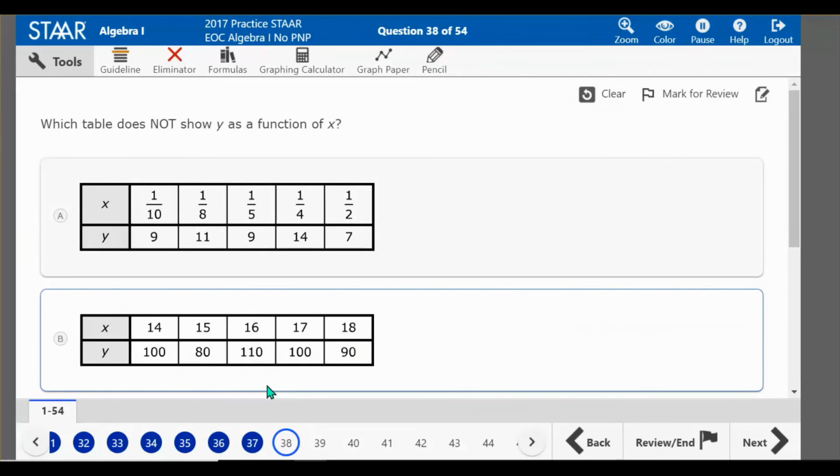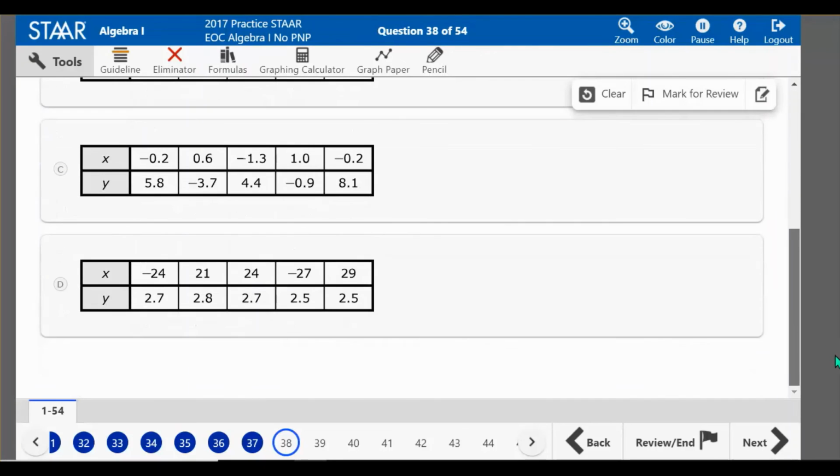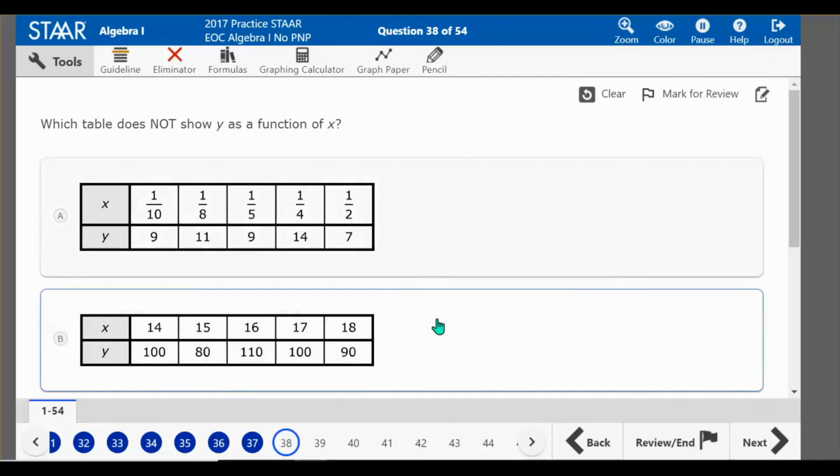Number 38. Which table does not show y as a function of x? When we're solving for which does not, meaning we don't want it to be a function, we look for the one that has the x values repeating.